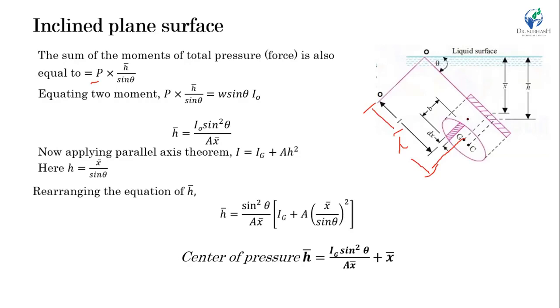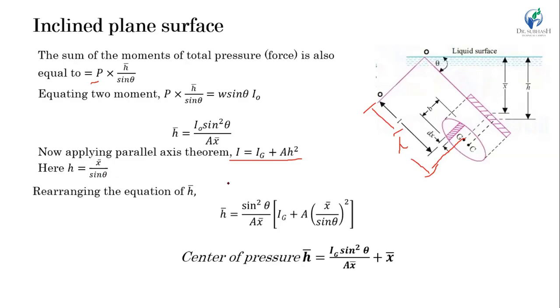Here I0 is the moment of inertia about the axis we have considered parallel to the surface. But we have readily available the equation of the moment of inertia about the axis passing through the CG. So to transfer the moment of inertia I0 to the moment of inertia about the axis passing through the CG, we apply the parallel axis theorem, which is I0 equal to IG plus A H square. Here H is the parallel distance between the two axes, which is L bar, and L bar equals X bar upon sin theta.